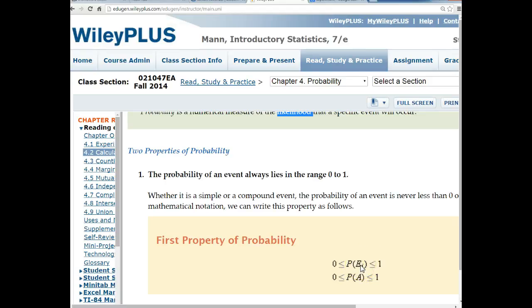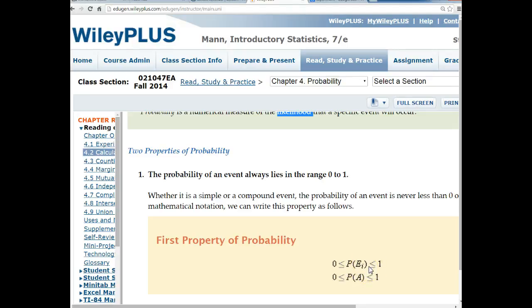They're saying that for any event, the probability will be between what and what? 0 and 1, right?